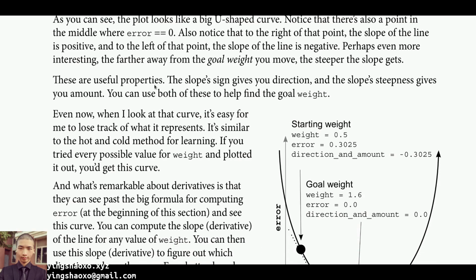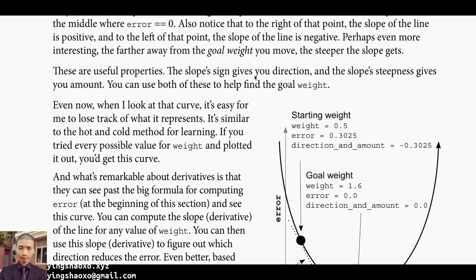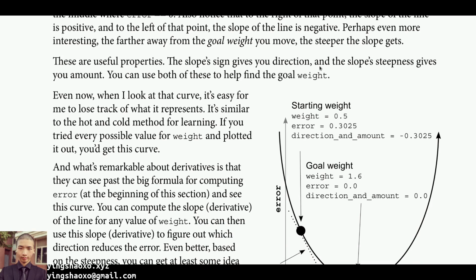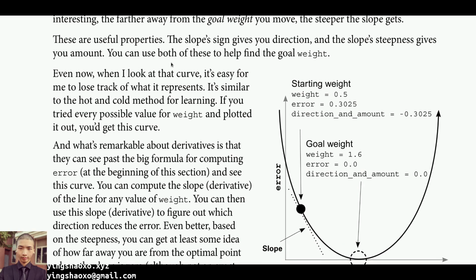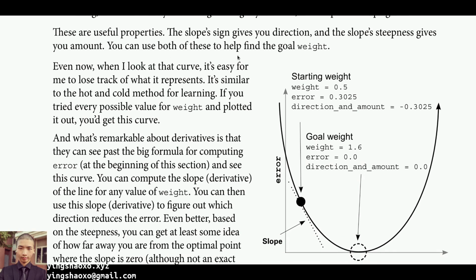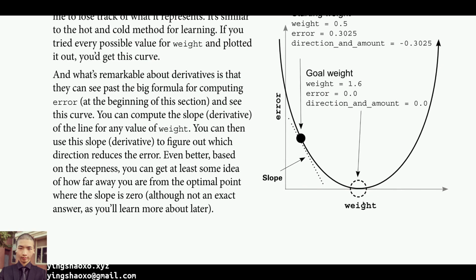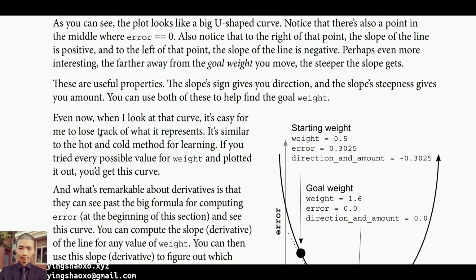These are useful properties. The slope's sign gives you the direction, and the slope's steepness gives you the amount. You can use both of these to help find the goal weight. It is at the center of this.